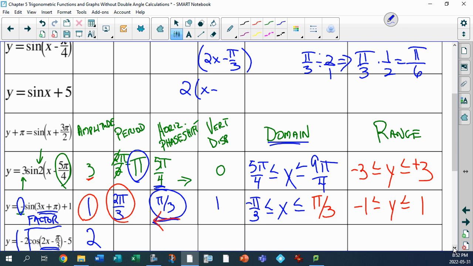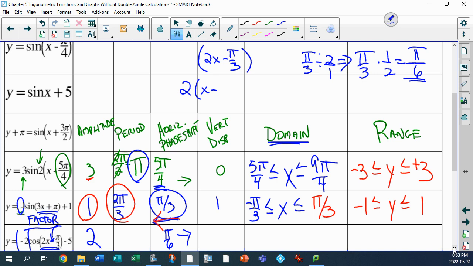Cool. So you're doing a horizontal phase shift. Since this is positive, you're doing a horizontal phase shift of pi over 6. Okay? So let's put the horizontal phase shift of pi over 6 here. But remember, since this is negative, your horizontal phase shift is positive, so you're going to the right. We still haven't dealt with a period yet.